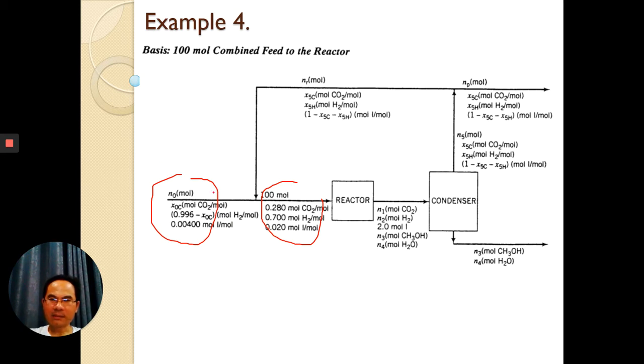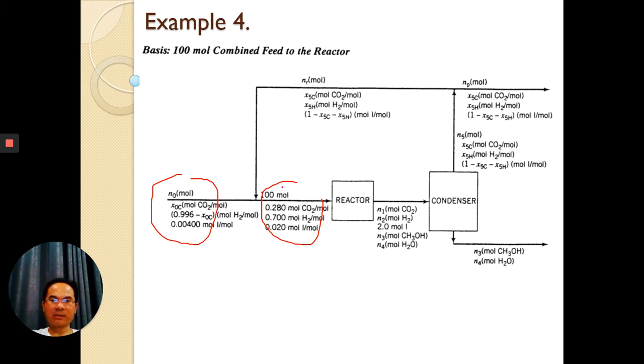And also for the fresh feed, we denote N0 as the mole flow to the process, and xC is the mole fraction of CO2. And the mole fraction of hydrogen is equal to 1 minus mole fraction of CO2 minus mole fraction of inert, which equals 0.996 minus mole fraction of CO2.